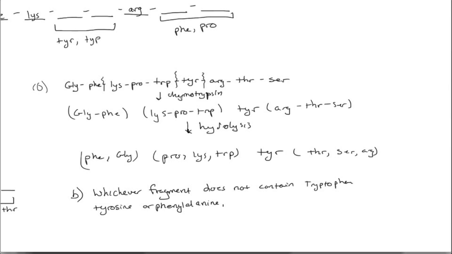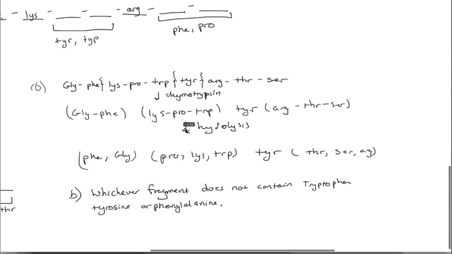After chymotrypsin, will we have intact peptide fragments or just separate amino acids? Separate amino acids. After the chymotrypsin, but before the hydrolysis? Intact peptides. So do you see these parentheses don't really make sense here?